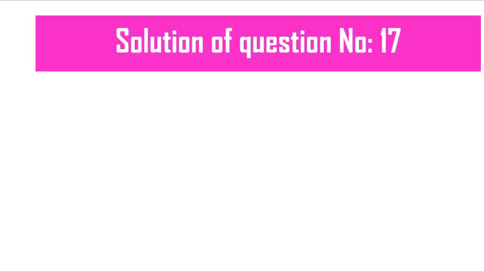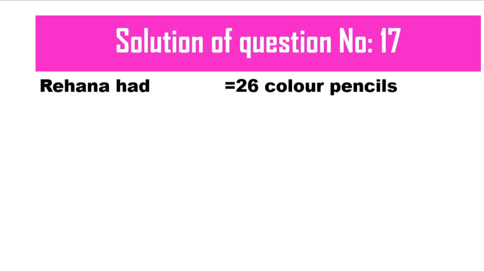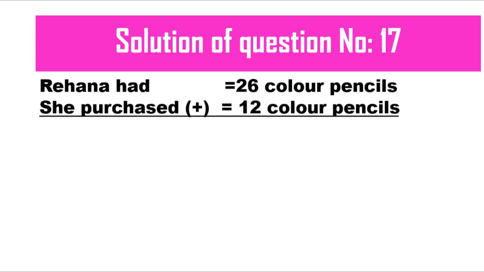Dear students, you can see it is the solution of question number 17. In the first line you should write that Rihanna had 26 color pencils, and it is mentioned in the question. And in the next line you should write that she purchased 12 color pencils, and it is also mentioned in the question.